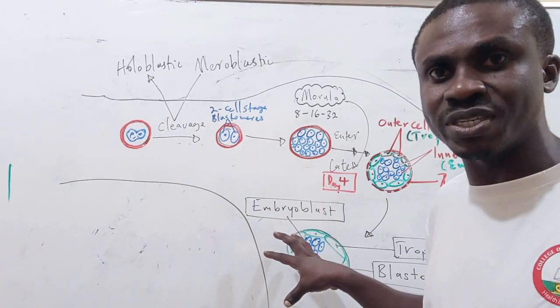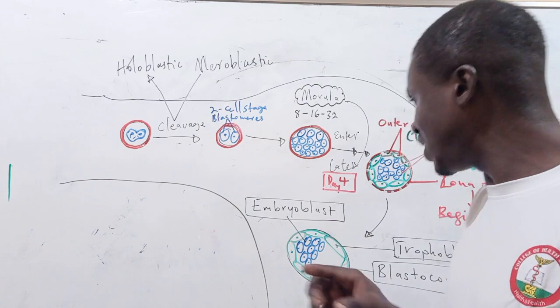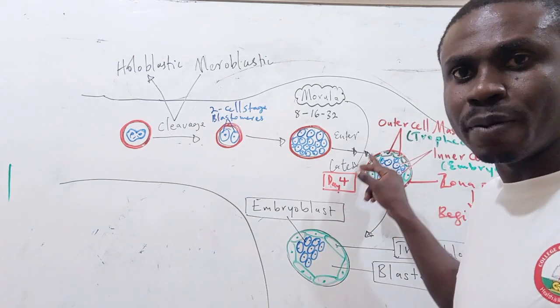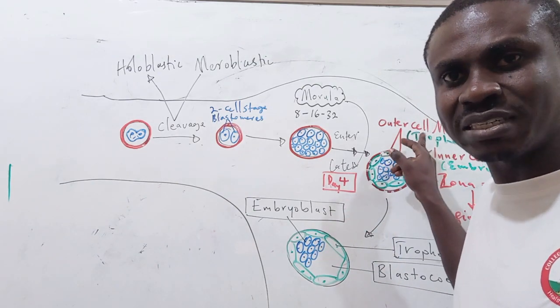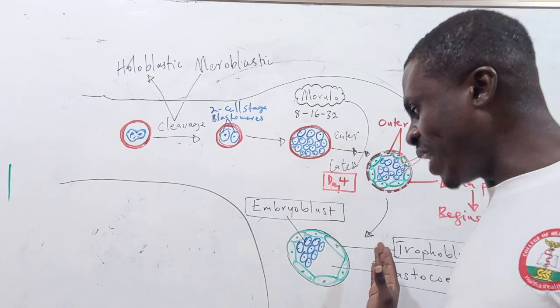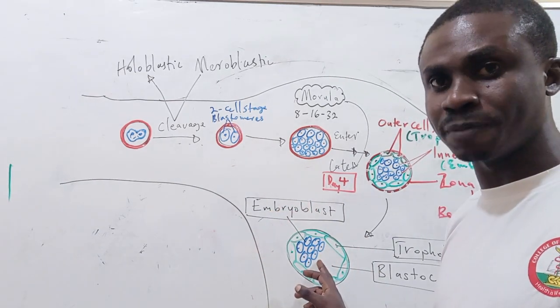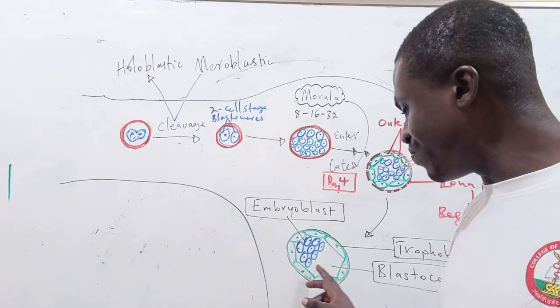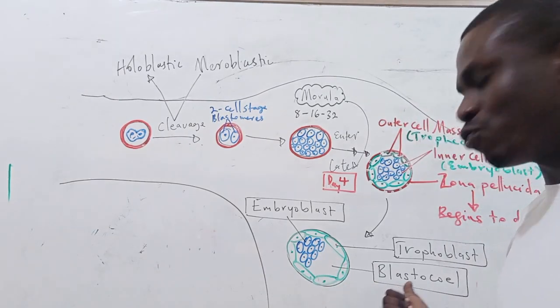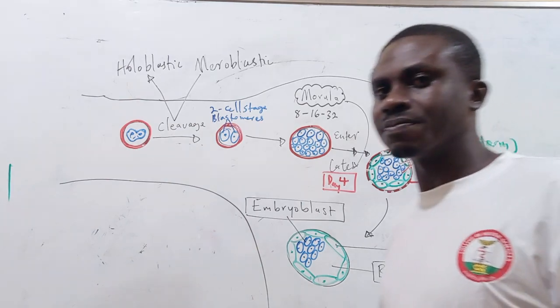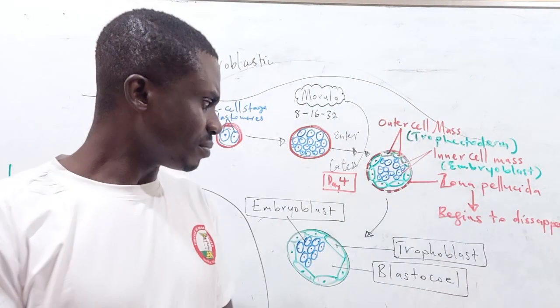And for this product, there will be some secretion of fluid by the trophectoderm, the outer cell mass, so that they push the cells to one side, creating a cavity filled with that fluid. And that fluid-filled cavity is what we call the blastocele.